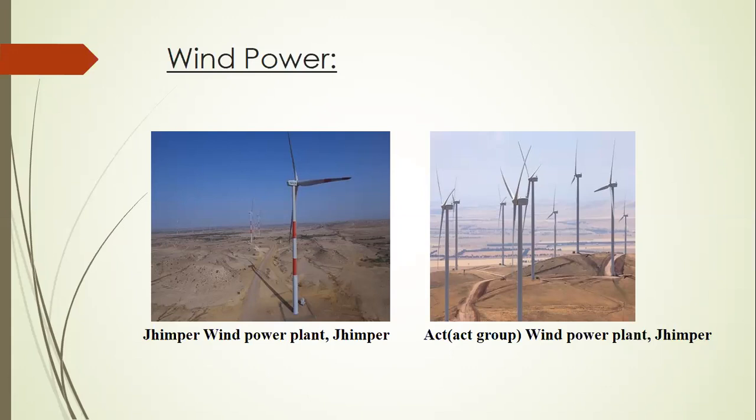The AEDB, Alternate Energy Development Board, has supported public and private projects in the field of alternative sources of energy. They have initiated different projects, as I gave you the example of the Jhimpir project. It was Pakistan's first wind power plant, in Sindh, right?